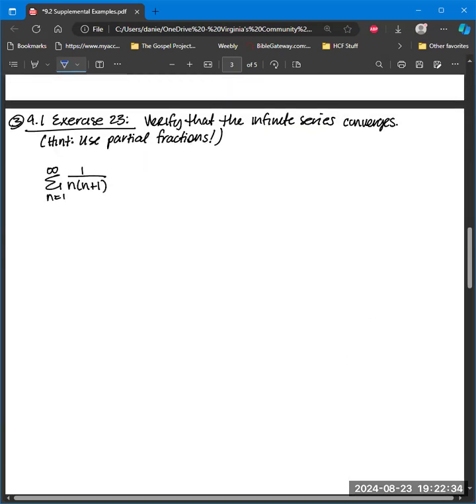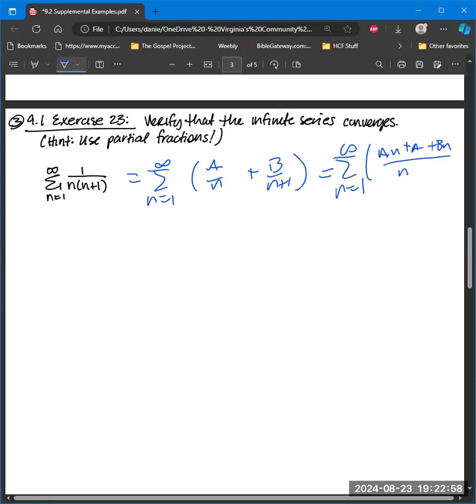Let's verify that the infinite series converges. Hint, use partial fractions. So we have the sum from n equals 1 to infinity of A over n plus B over n plus 1, which is the sum of A n plus A plus B n over n times n plus 1.